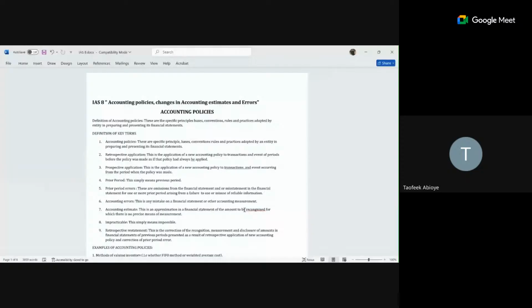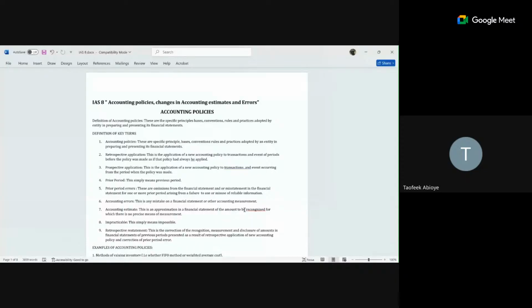So, IAS 8: accounting policy, changes in accounting estimates and errors. Let's start with accounting policy. First, what is the meaning of policy? Policy can be simply defined as laws, principles, basis, rules, or guidelines that are used for a specific purpose.